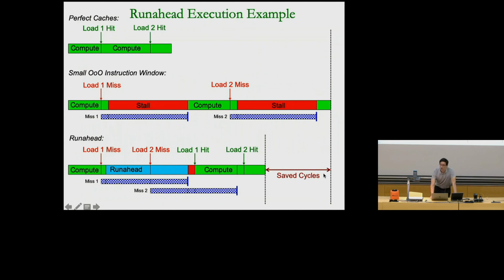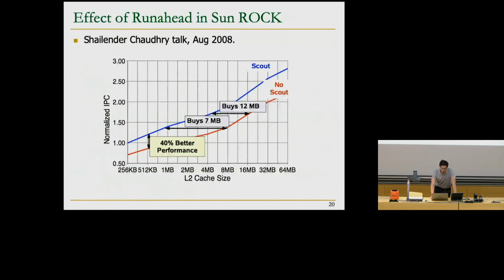So, was this useful? This research in particular? Yes, it was. And actually, one machine where this run-ahead execution was implemented is this Rock. And here you can see some results on a real system for different cache sizes. You can see the normalized IPC. Scout was the name that Sun gave to this run-ahead execution.